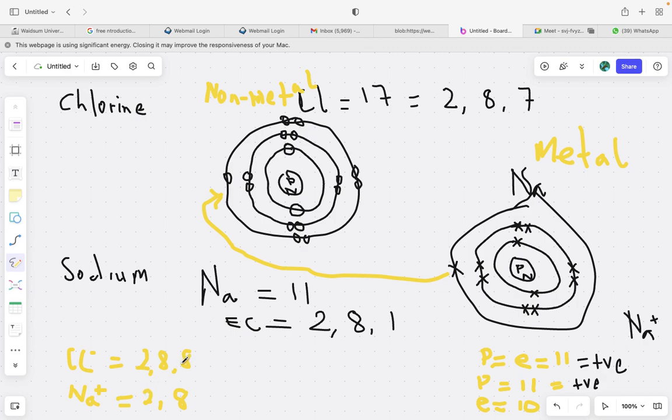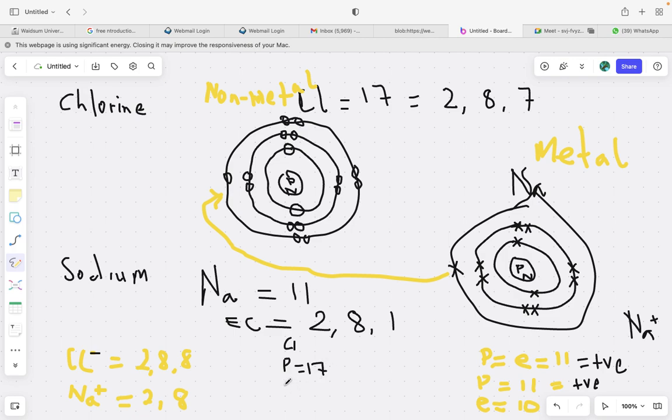But if you gain an electron, like in the case of chlorine, why is chlorine negative? Because it has gained one electron. This one will lose it, and it will come here. For chlorine, the protons are 17.